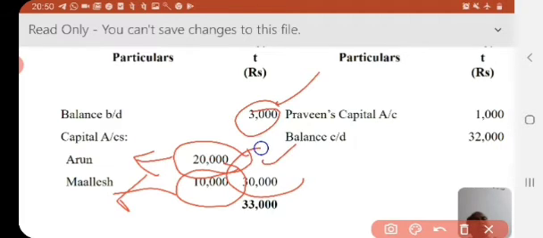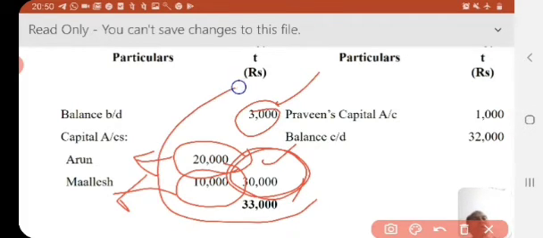Total 30,000 cash is brought. See carefully: 20,000, 10,000, 30,000 cash is brought by the two continuing partners.